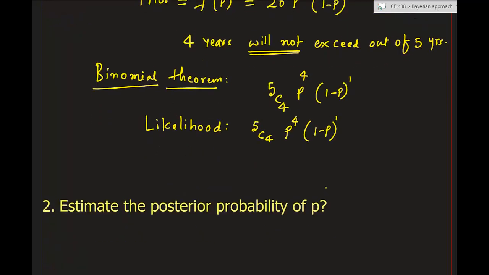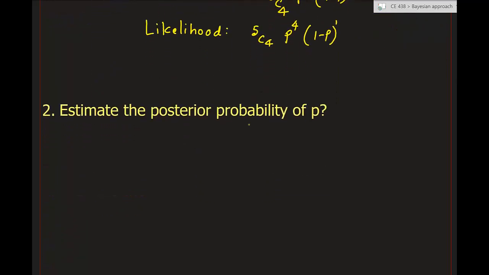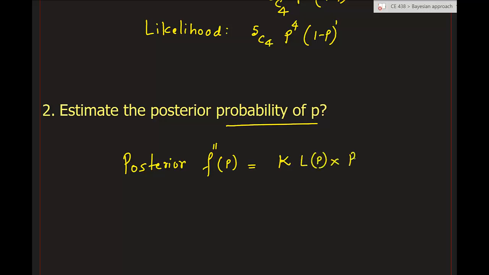So now let us estimate the posterior probability for p. If you remember, the posterior distribution f double dash p is nothing but k times the likelihood function times the prior. That is k times L times f dash p.